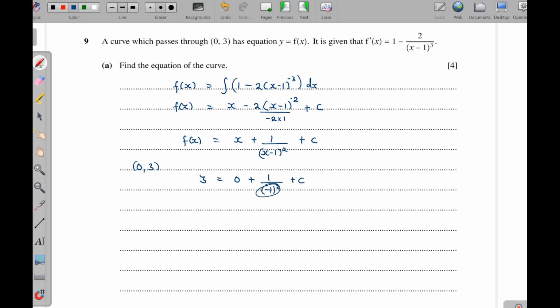So this will be 1, then when it crosses, it becomes negative. So 3 minus 1 is equal to c, and then our c becomes 2. So f of x is now going to be x, then plus 1 over (x minus 1) squared, and then you add a 2 here. That is going to be our answer.